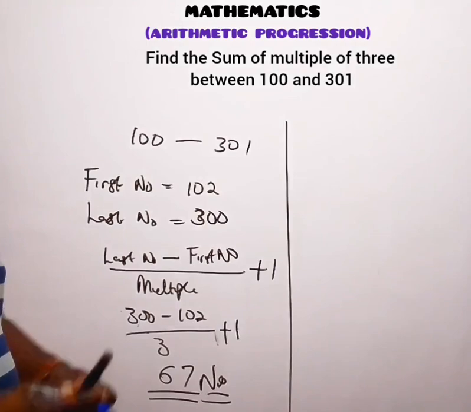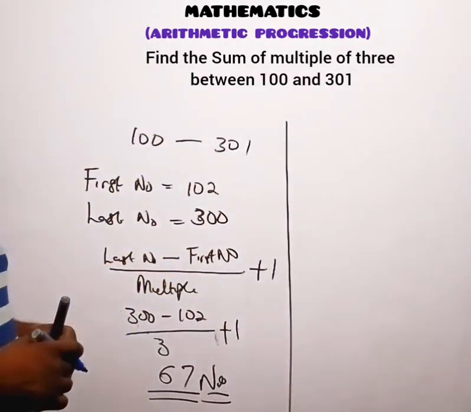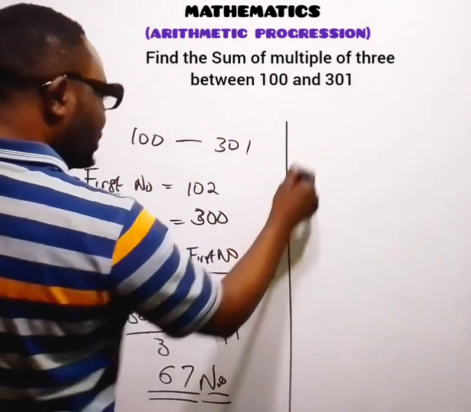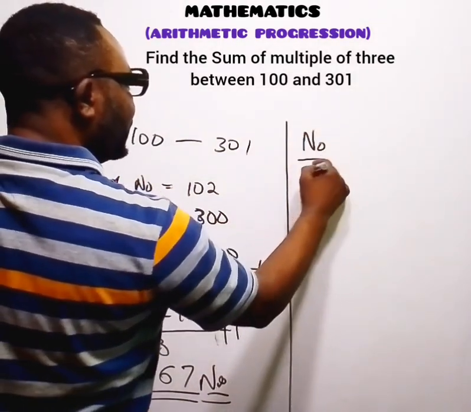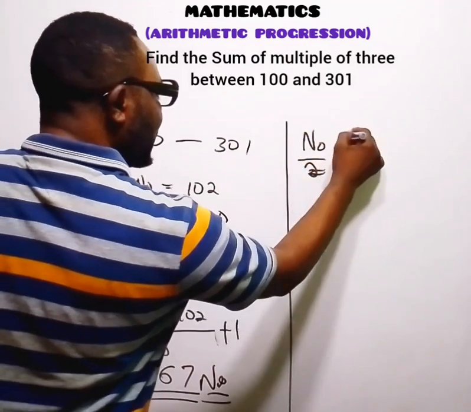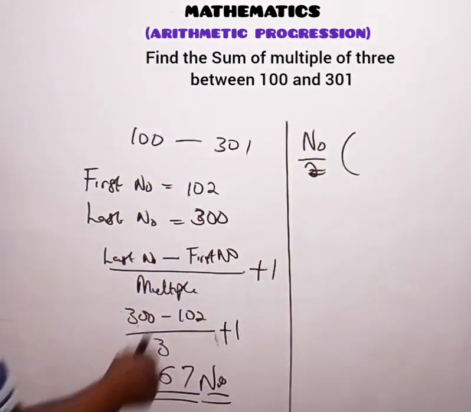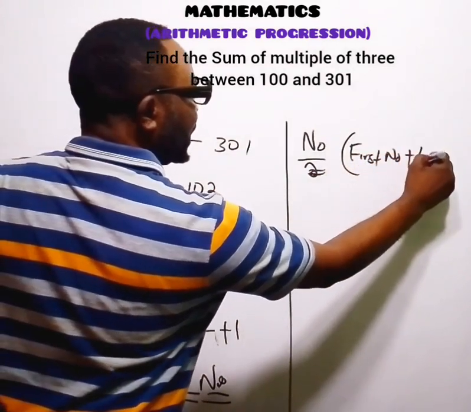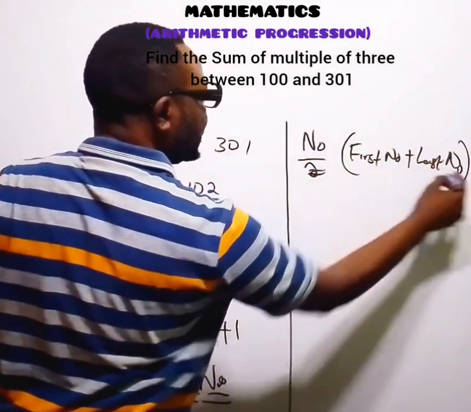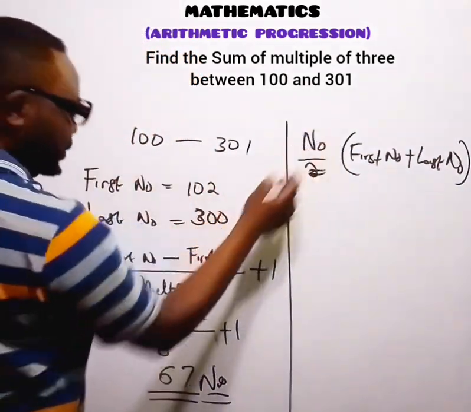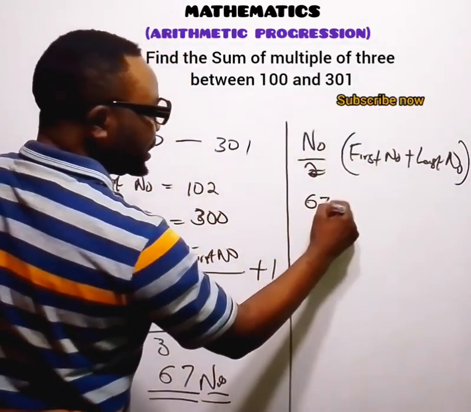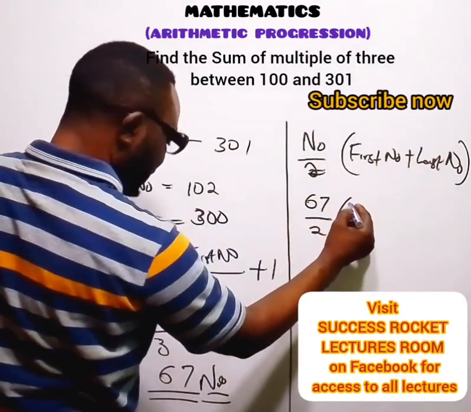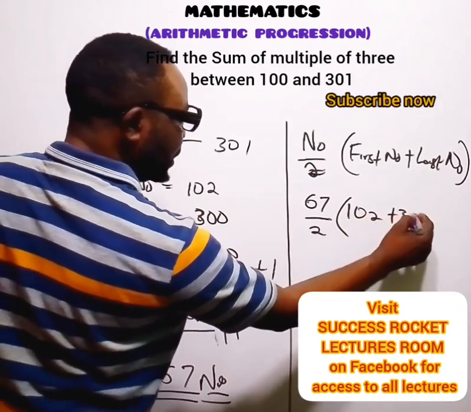So for us to find the sum of all those numbers, we will say 67, that is the number of terms that we have, over 2, into bracket, first number plus last number. That's 67 over 2 into bracket of first number plus last number. That's 102 plus 300.